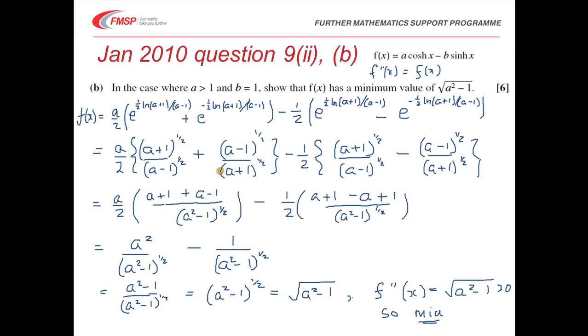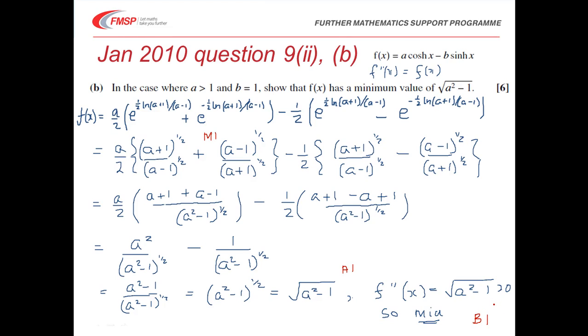The next mark that we got was for this bit here, where we were able to see that exponentials and logs were inverse functions, and so we were able to simplify it here. So there was a method mark here, and then another accuracy mark for showing that it was root a squared minus 1, and a statement mark for confirming that it was a minimum.